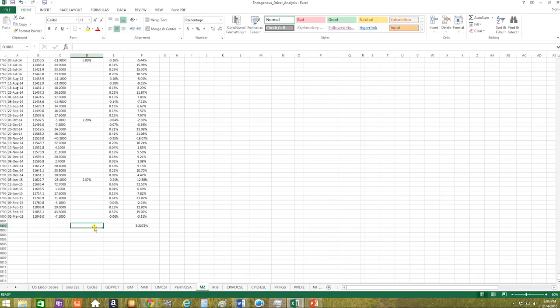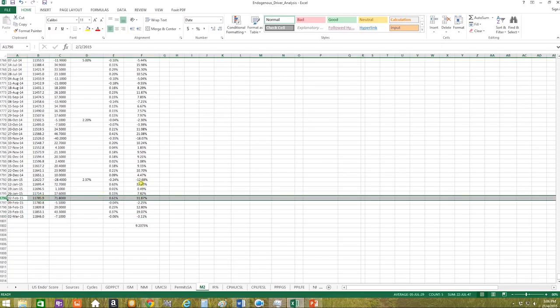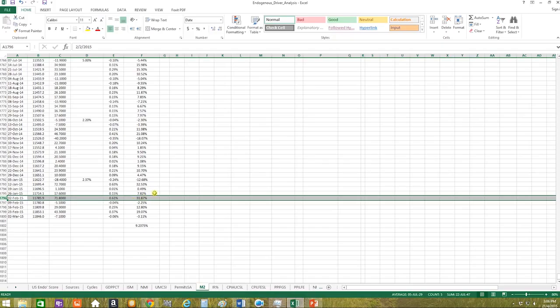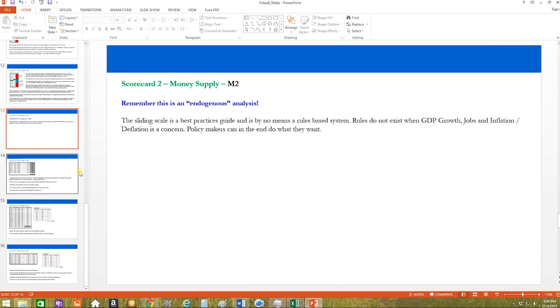But we have to look a little bit deeper because there are some numbers here that are extremely positive. We have a plus 32.5% and a plus 32% weekly increase on an annualized basis in the M2 money supply. So what does this mean?